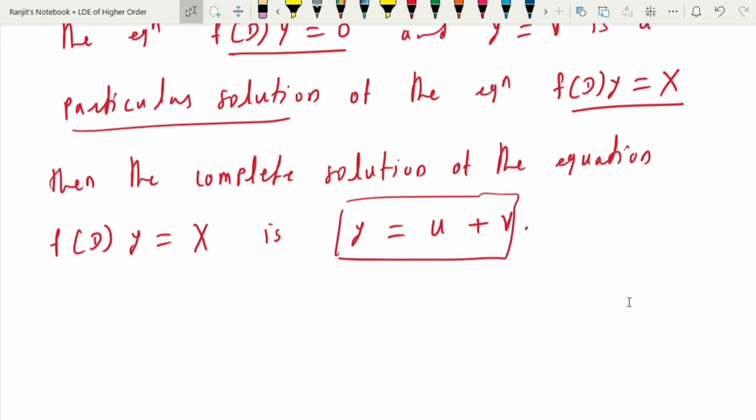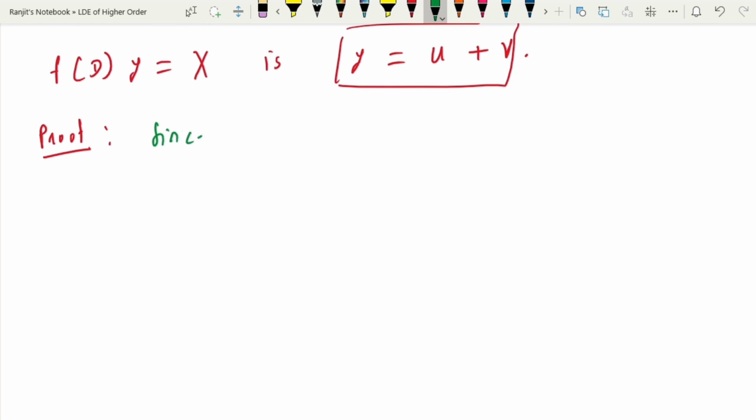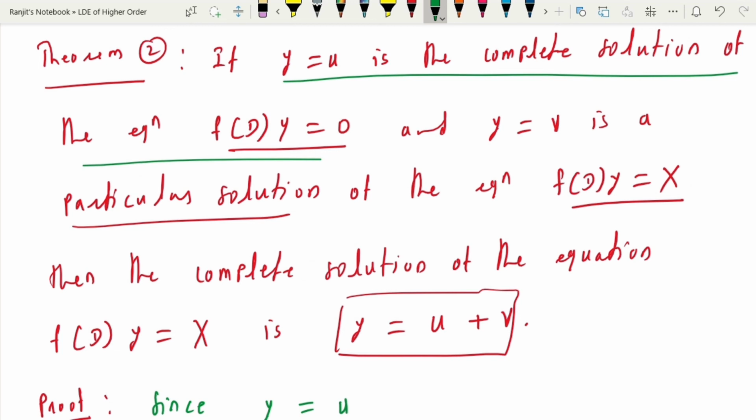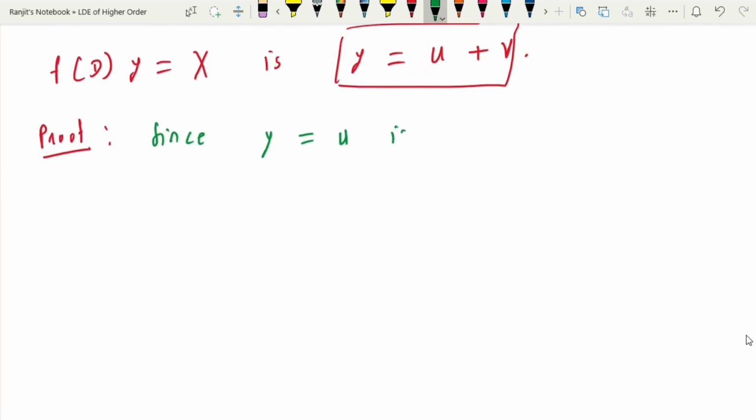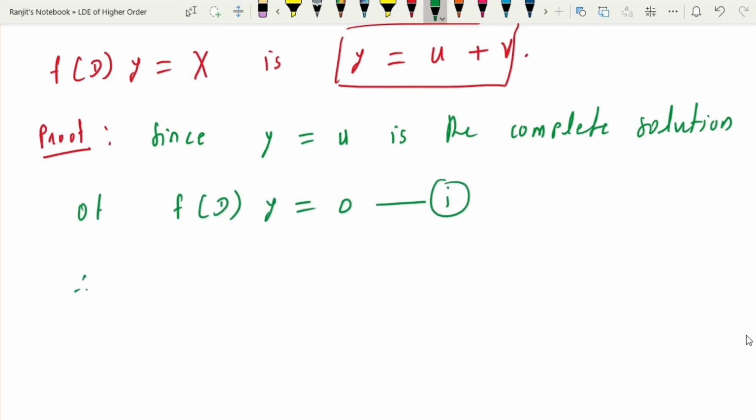Now it's proved. Since y equal to u is the complete solution of the equation f(D) y = 0, this u satisfies this equation, that means f(D) u = 0, and it is denoted by 2.